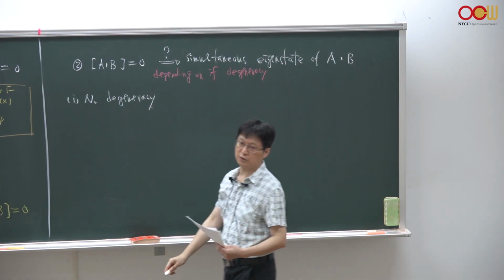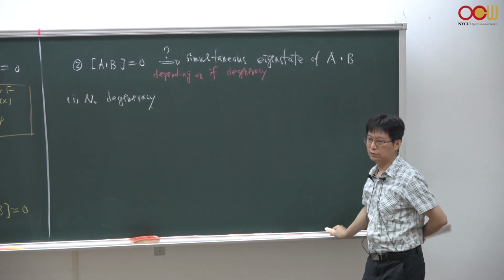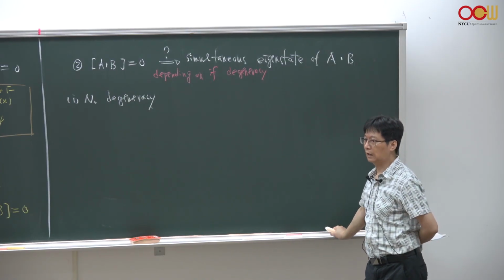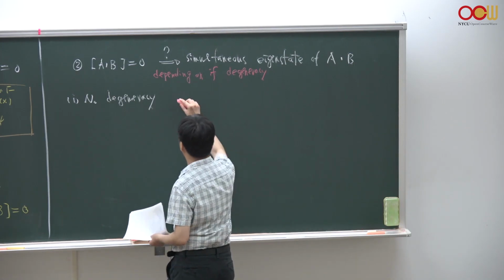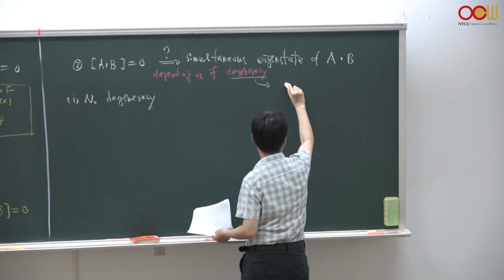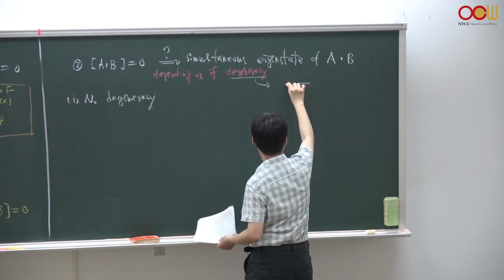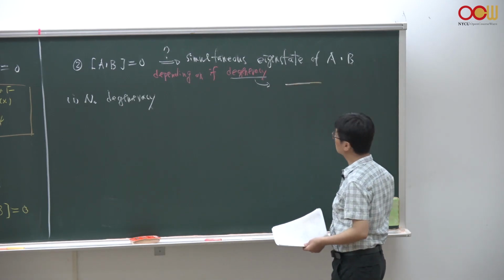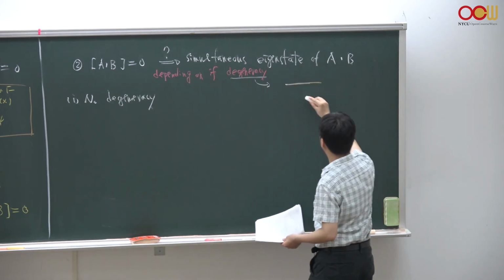So remember, degeneracy means that you have two different eigenstates of the Hamiltonian, but the eigenenergies are the same. Let me just define this degeneracy one more time. Suppose you have these two states. The white and orange states are different states.